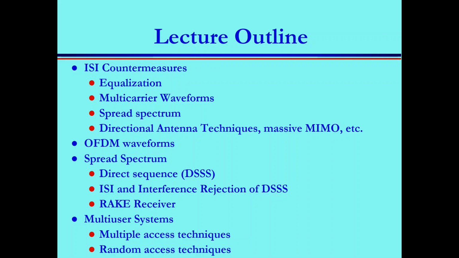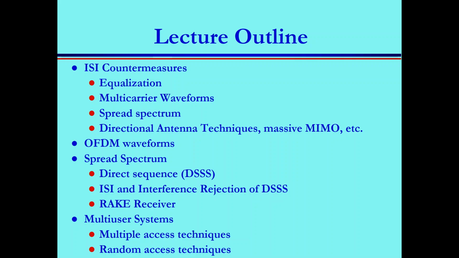First, we will discuss the inter-symbol interference countermeasures, the main enabling methods that can avoid inter-symbol interference. First, equalization, then multicarrier waveforms. After that, we discuss spread spectrum and how it can reduce the inter-symbol interference, and then talk about directional antenna techniques and massive MIMO systems that can help mitigate it as well.